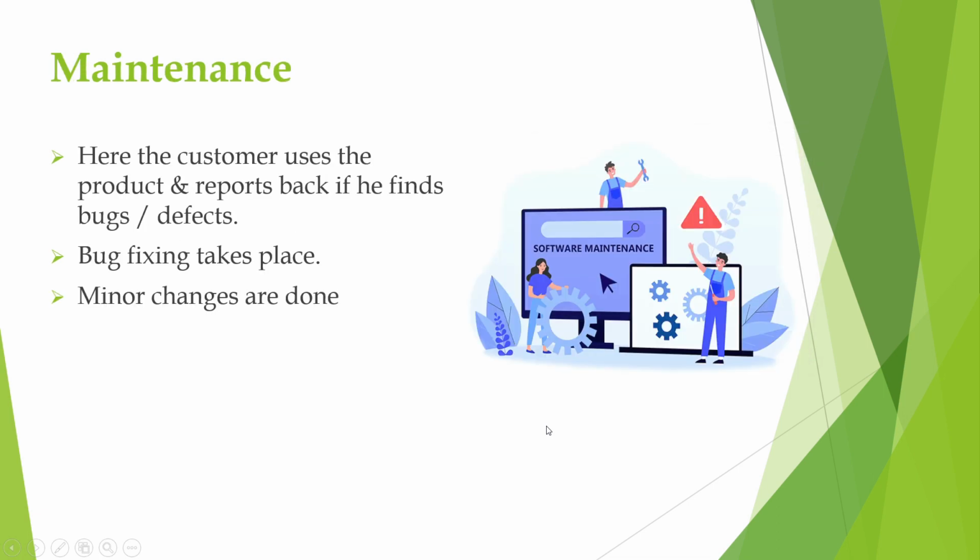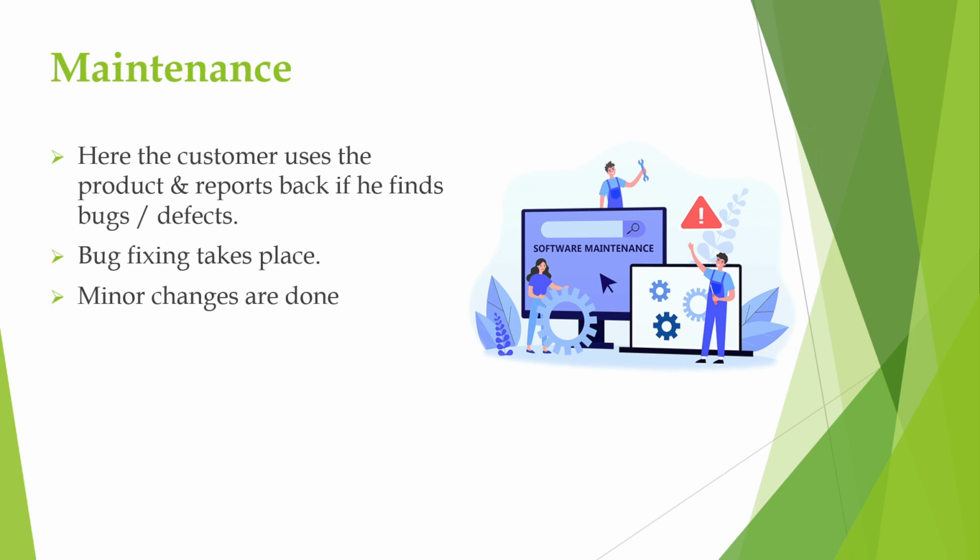Next stage is maintenance. Once installation is completed, the customer will start using the application. He will use it for a particular period of time. Then if he finds any defect in the software, he will report it back to the development team.